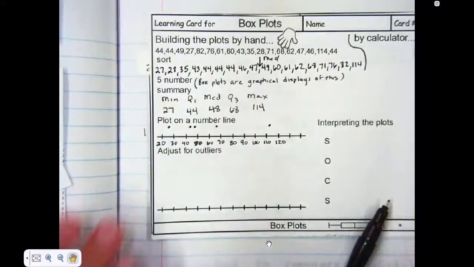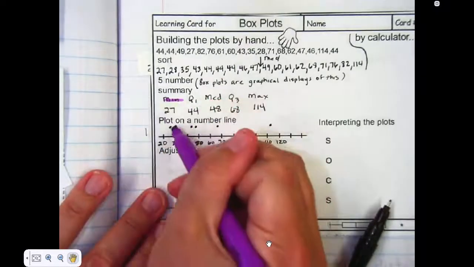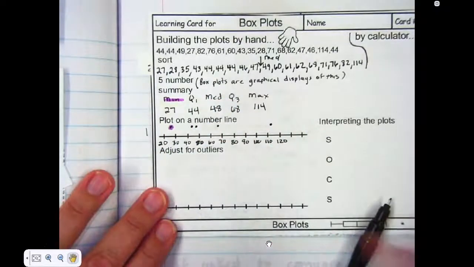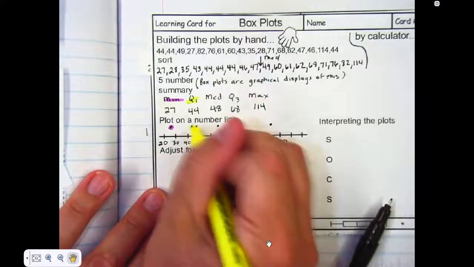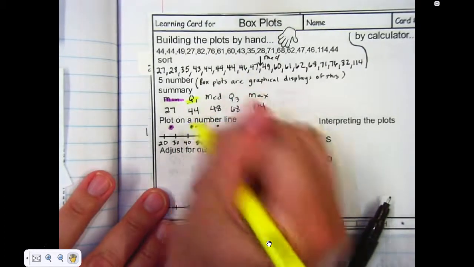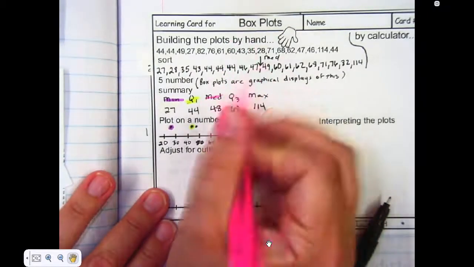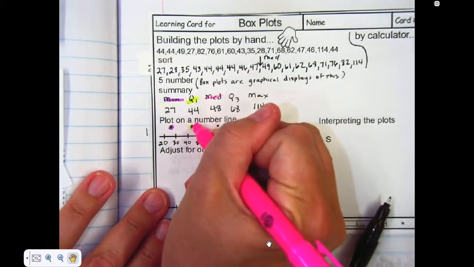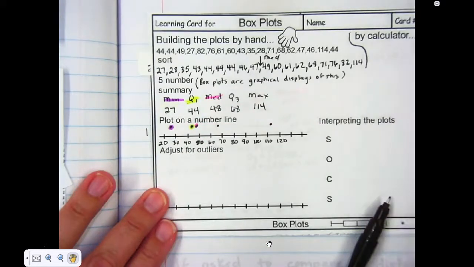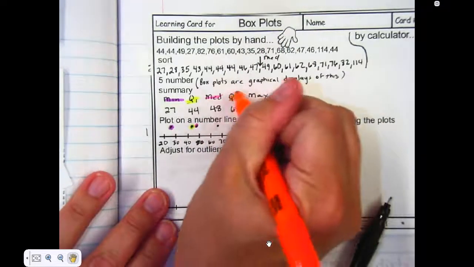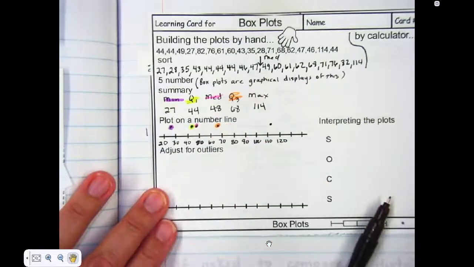To help, you can see I have my minimum, my first quartile, and then my median, my third quartile, and then I've got to figure out what color I have left.